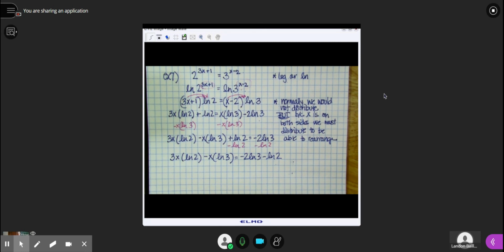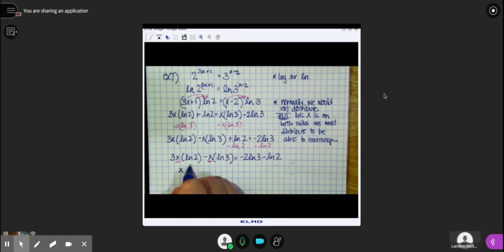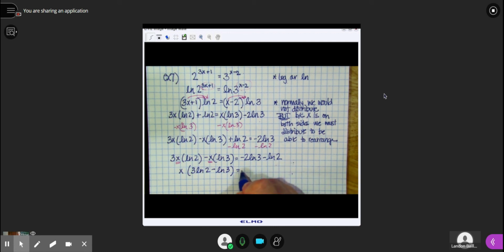Are we okay with that? Now I'm going to pull the x out of both of those terms, and divide both sides by the parentheses here.